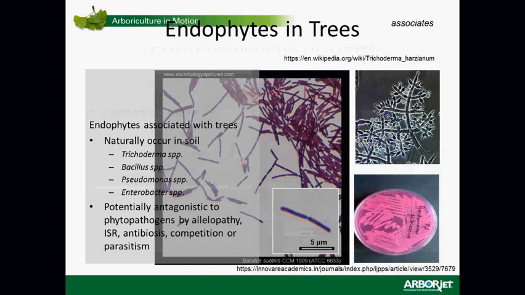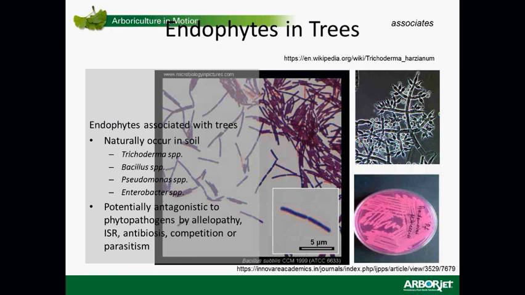There are some good guys, too, that may be associated with tree tissues that occur within the sapwood of trees. Some occur naturally in soil, like Trichoderma. There are some Bacillus species, Enterobacter, and Pseudomonas species.